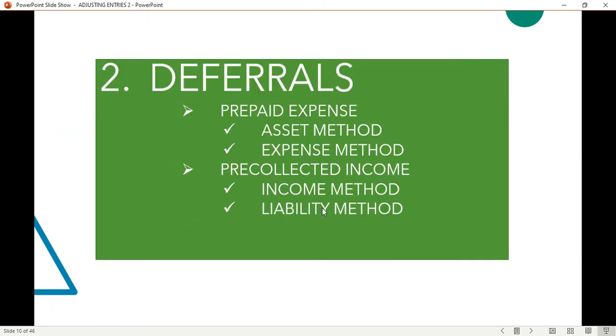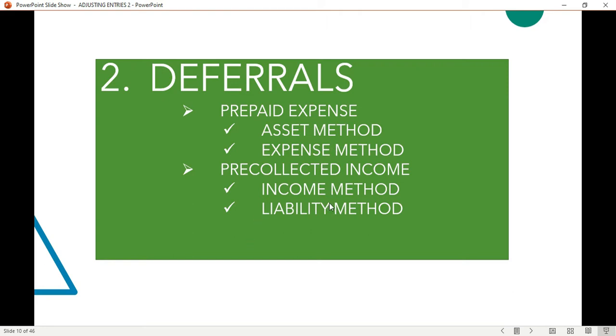We'll now proceed to deferrals. For deferrals, there are two items. We have prepaid expenses, that's related to expenses, prepayment of expenses. And this one is related to income, pre-collection of income. For prepaid expense, when you recognize it in your books, you may recognize it using the asset method, the whole prepayment, or you may recognize it as expense, the time you make the payment.